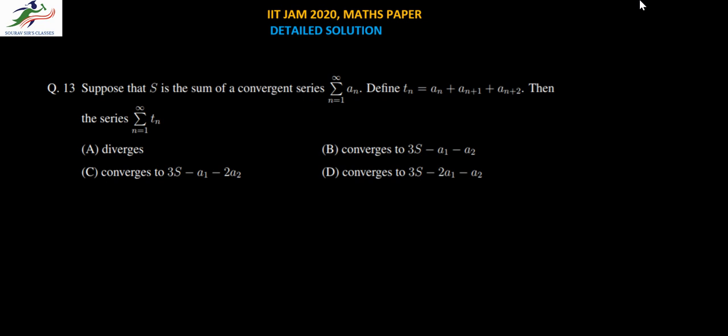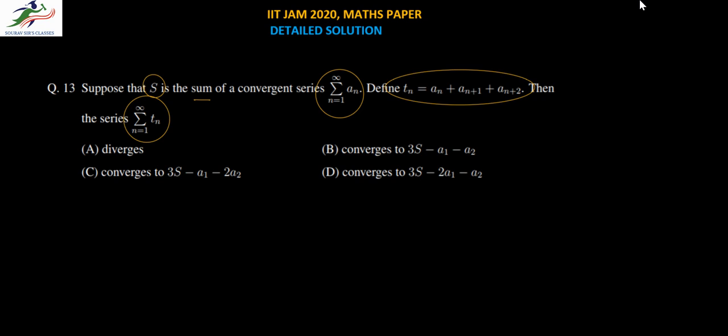Question number 13. So this says that S is the sum of the convergent series defined by sigma of an from n equal to 1 to infinity, and we are given another series which follows the equation Tn equal to a(n+1) plus a(n+2), and we are asked to find the sum of the series Tn from n equal to 1 to infinity.